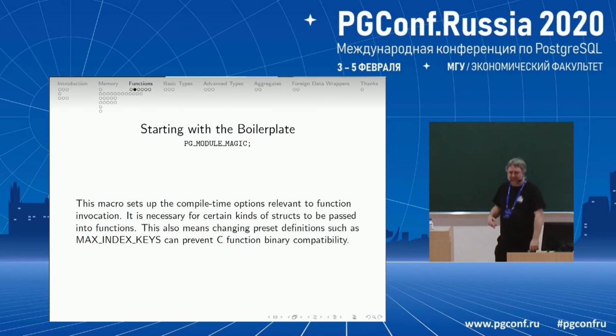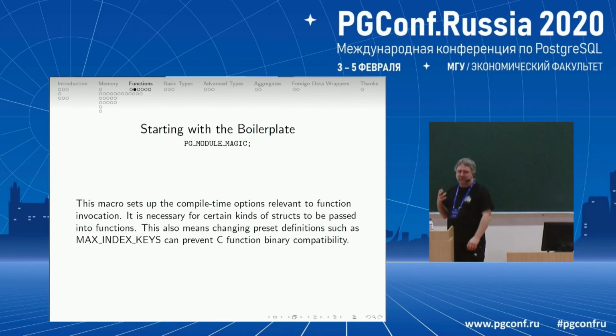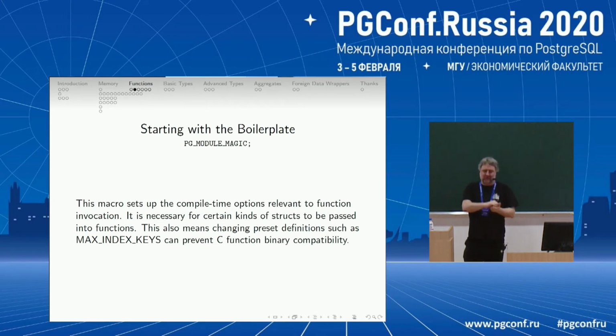What this does effectively is it makes sure that all of the calling conventions and everything else are going to be compatible between the shared object we create and the Postgres instance that's making the call. So basically, this creates a function that returns a whole bunch of compile-time variables within Postgres to make sure that we can do that sanity check.